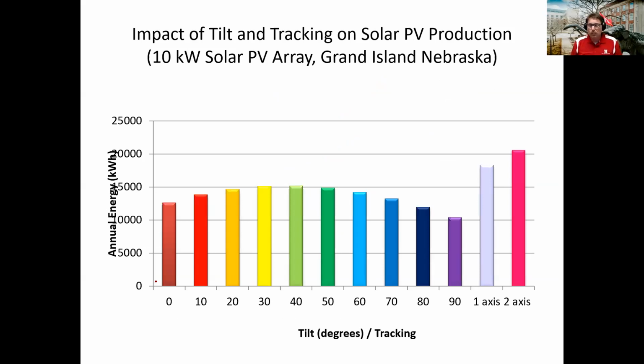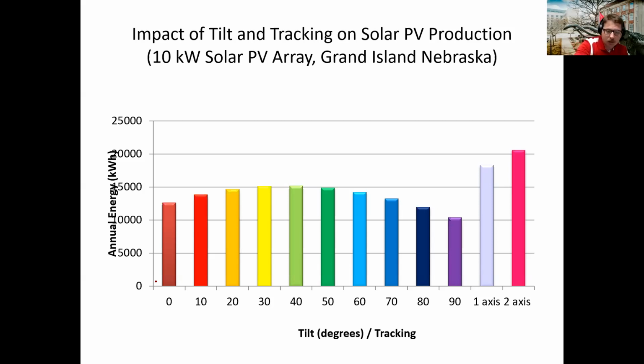I'm going to talk just briefly about design, because with design we can get into all kinds of details, but people are really interested in how this should be designed. So let's first think about the tilt angle. What is the optimum tilt angle here in Nebraska? I modeled this system in Grand Island, and when I think about the optimum, I'm thinking about where I produce the most electricity.